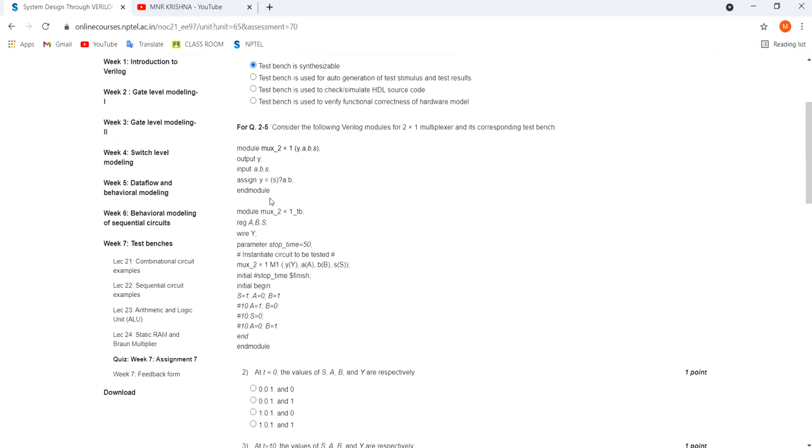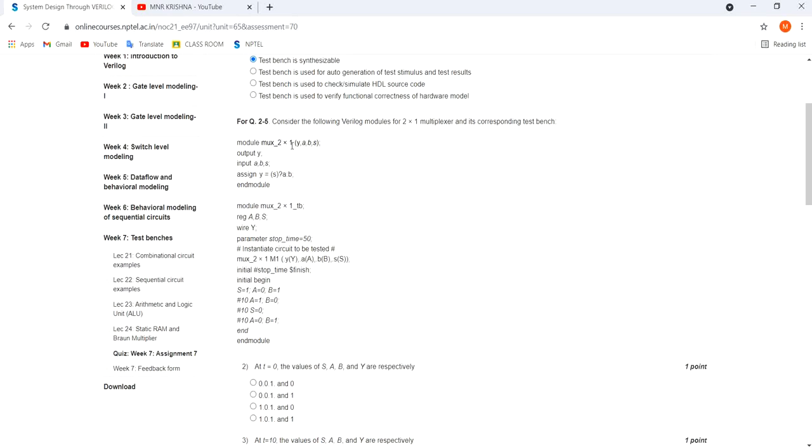For the next 2 to 5 questions, this is the code given below. Consider the following Verilog modules for a 2x1 multiplexer and its corresponding test bench. Here is the general Verilog code for the 2x1 multiplexer, module mux2x1.